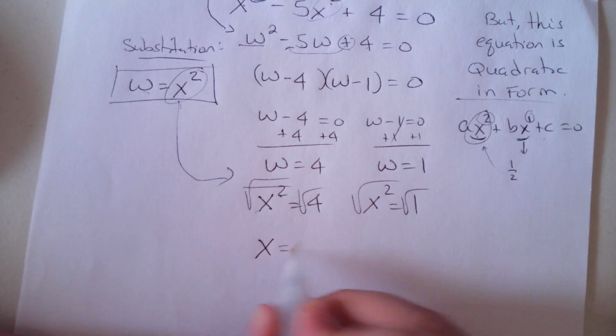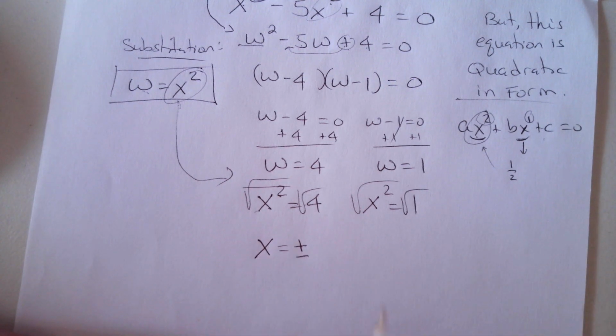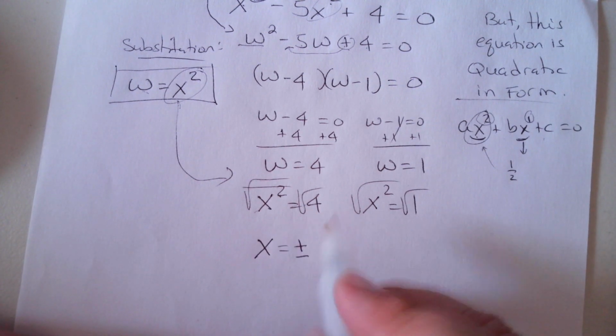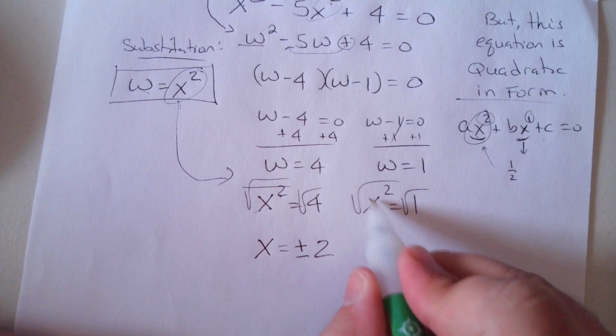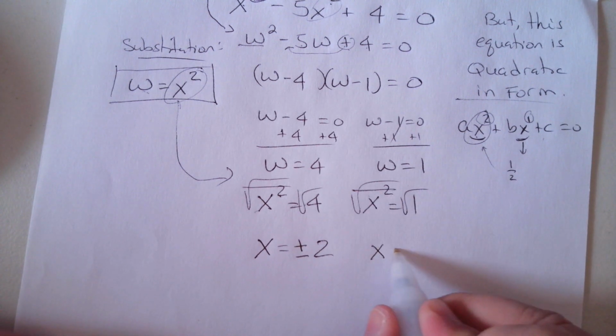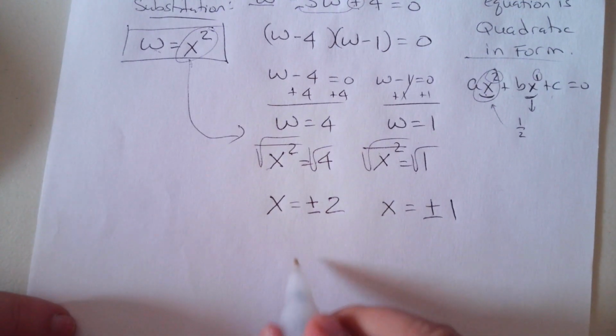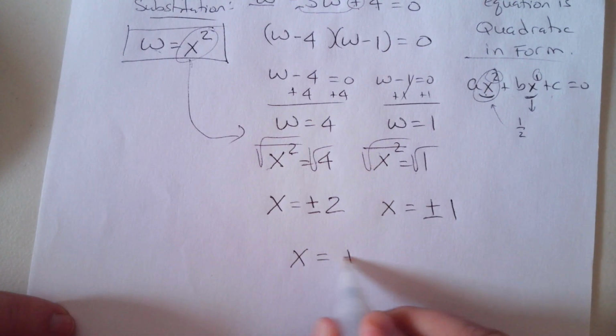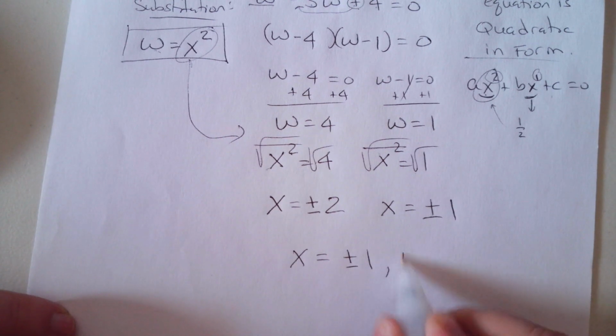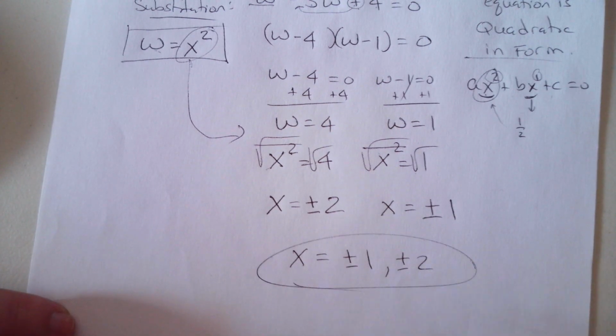Those cancel. Remember, put a plus or minus in front of that since we square rooted it. Square root of 4 is 2. Those cancel. Put a plus or minus. Square root of 1 is 1. So x is equal to positive and negative 1, positive and negative 2. Those are our 4 answers.